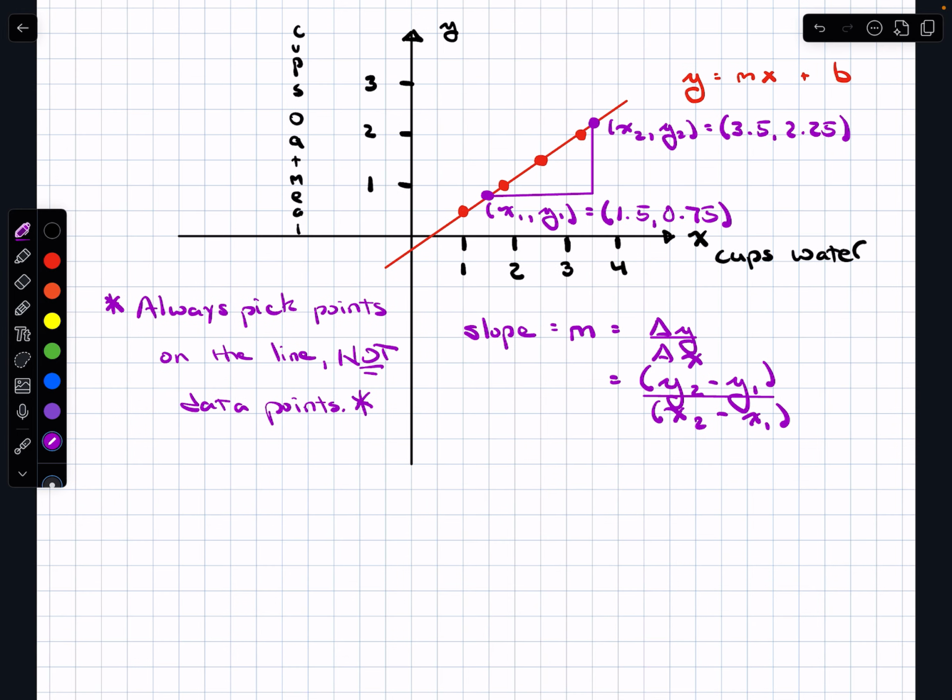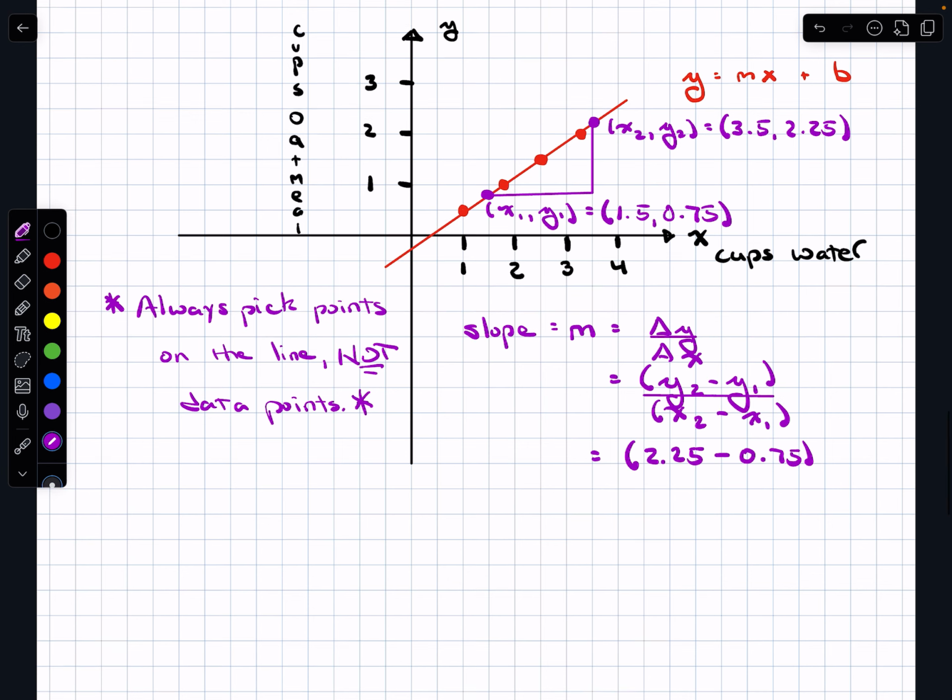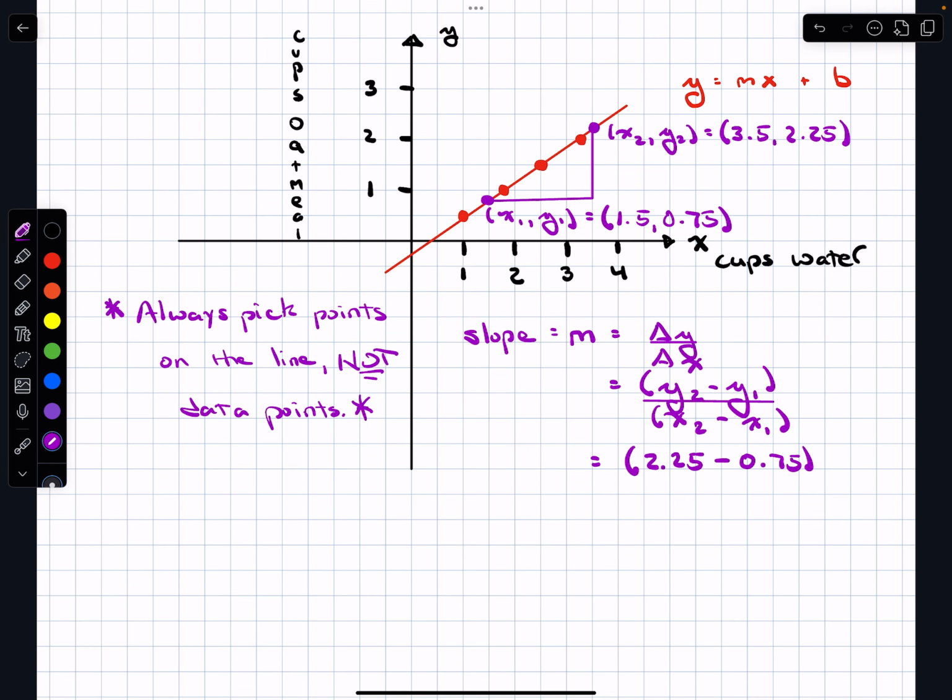Now we can plug our values in and figure out the slope. Our value for y2 is 2.25, and our value for y1 is 0.75.